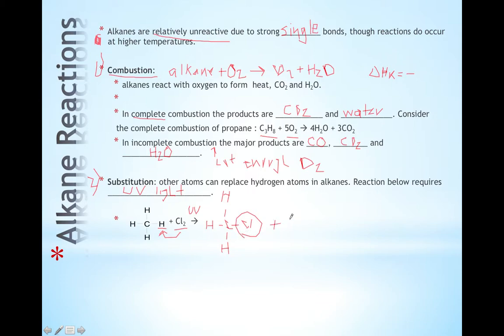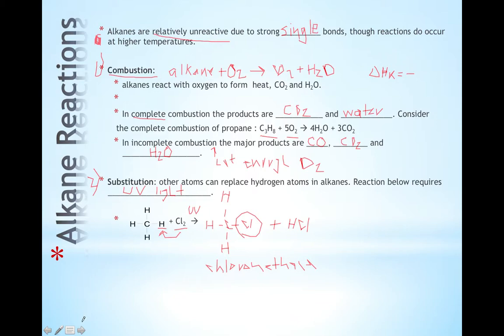And then the hydrogen that got kicked out of the methane is going to combine with the other chlorine atom from the Cl2. And we would call this chloromethane.